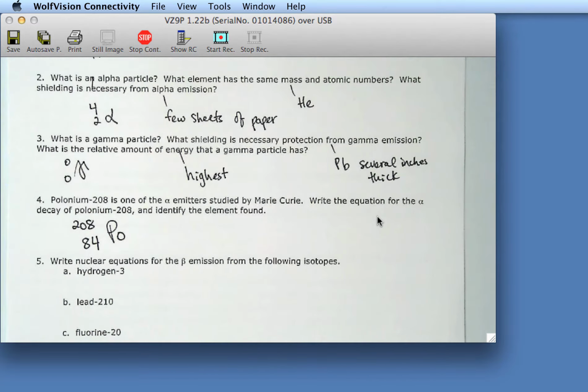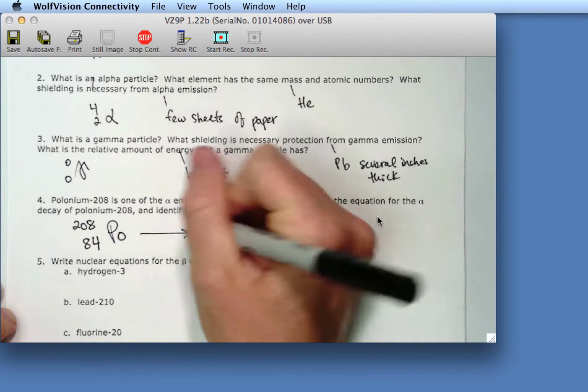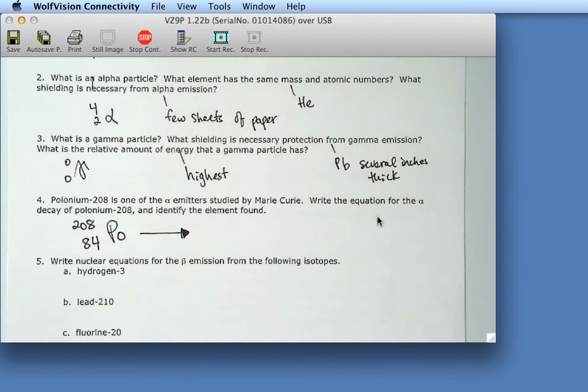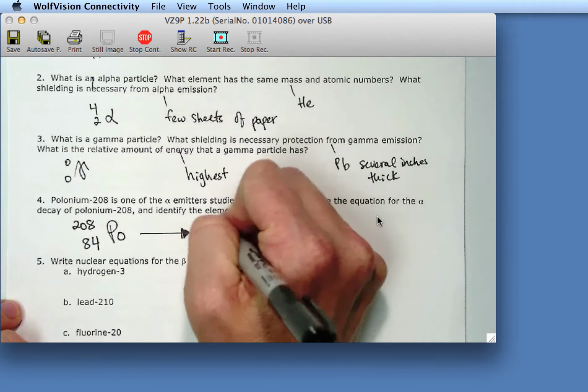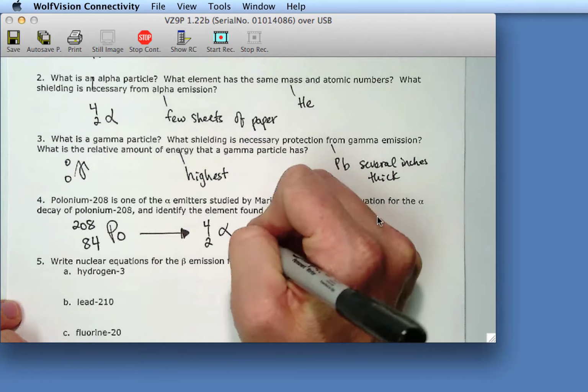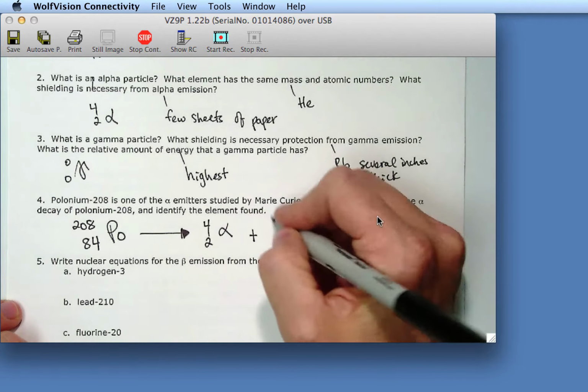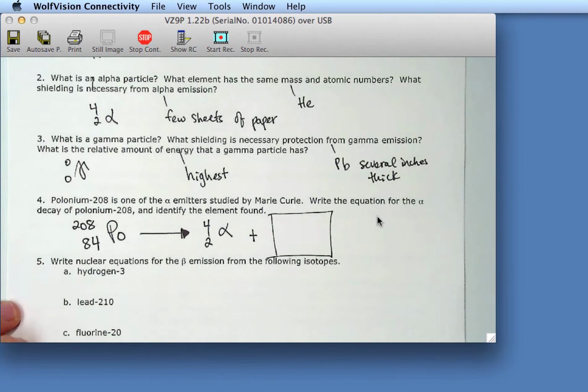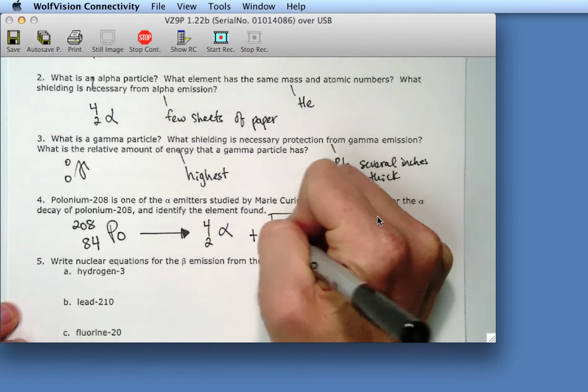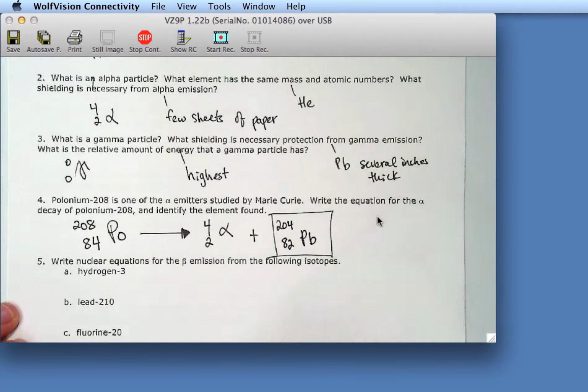Now, this is alpha decay, so you're going to have your arrow. And whether you put the alpha particle first or second doesn't matter. You're still going to get the same answer. So alpha 4, 2. And then the mystery element here is 204, 82, Pb.